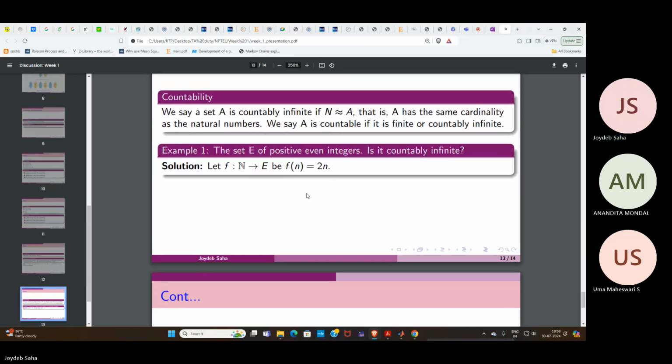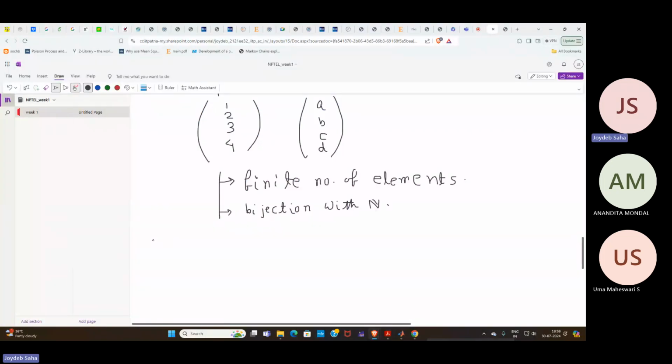Now, let us come to an example. If a set is E, which includes the positive even integers, so can we call it a countably infinite set?